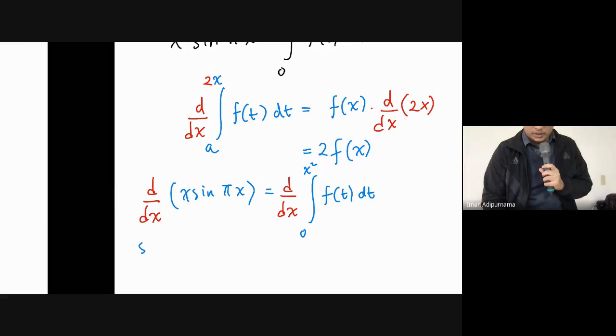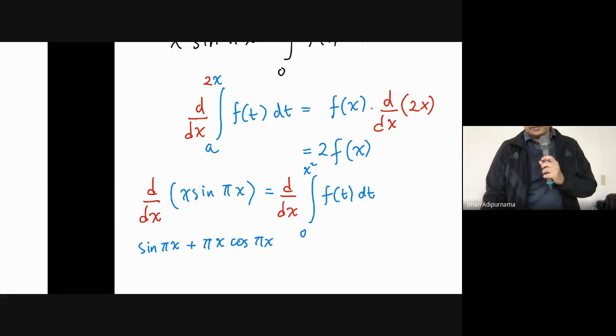So this will be sine pi x plus x, let me write the constant first, pi x cos pi x, right?